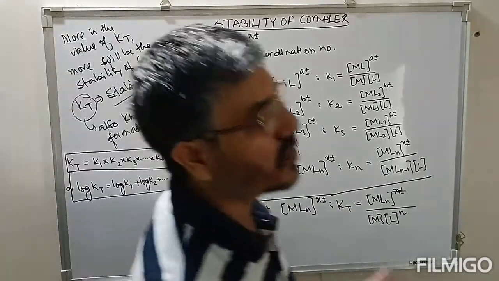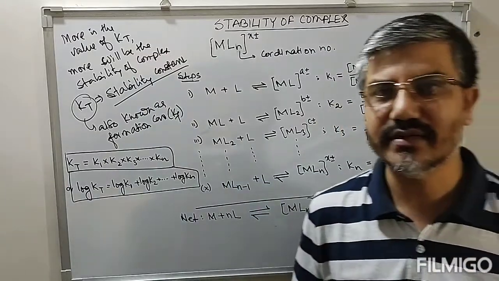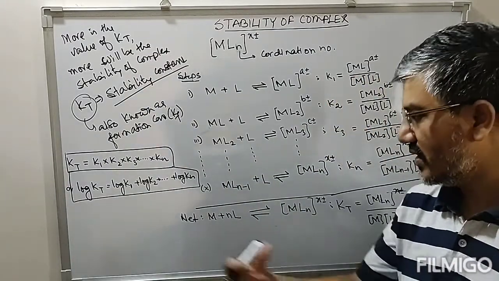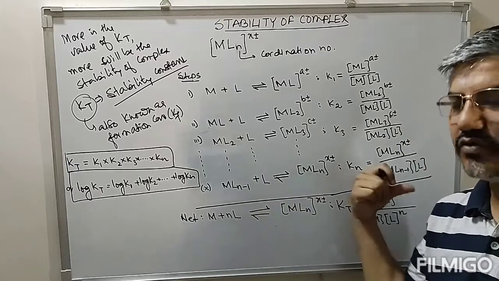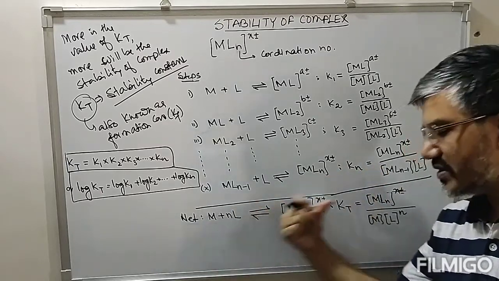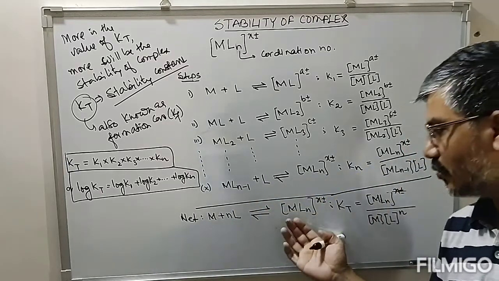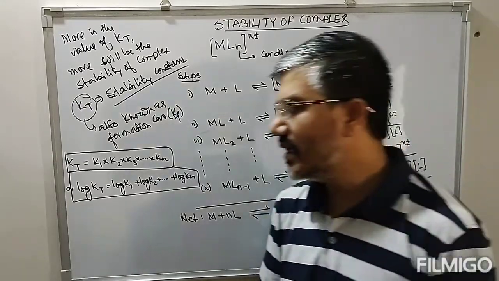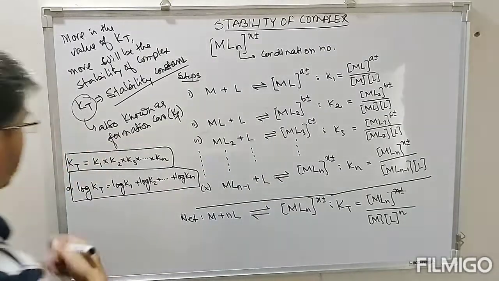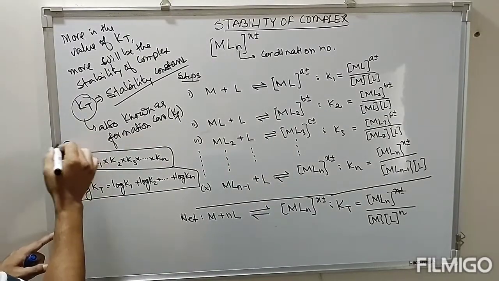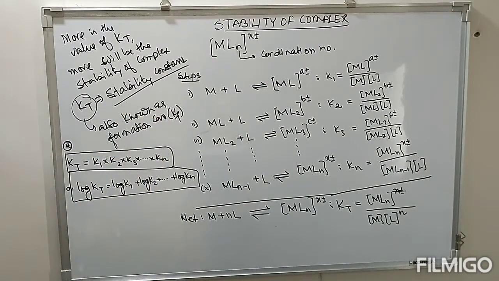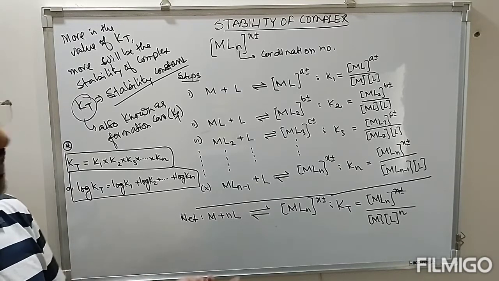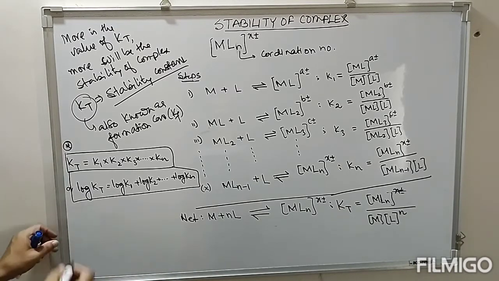When the net equilibrium constant or the formation constant has a large value, the reaction is shifting in the forward direction. As the reaction shifts in the forward direction, there is more tendency for the formation of this complex. The complex will be stabilized. Now, in some of the books, rather than this stability constant, this is sometimes explained in terms of instability constant.